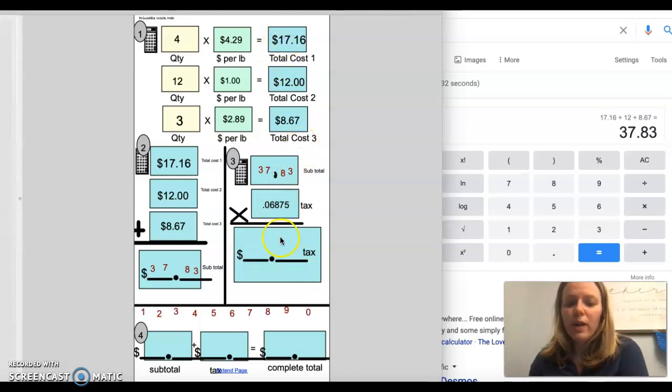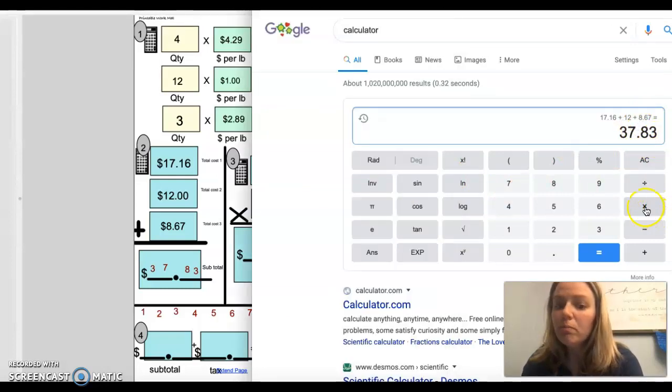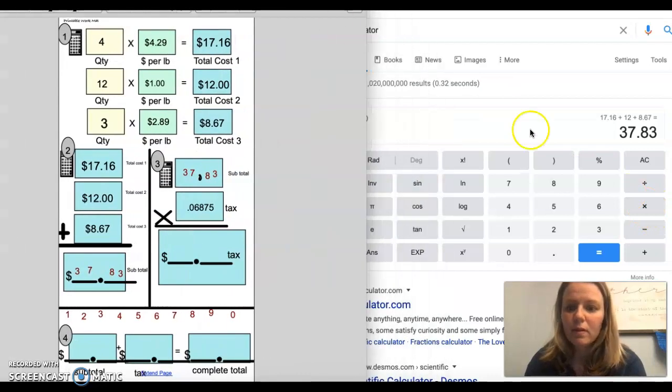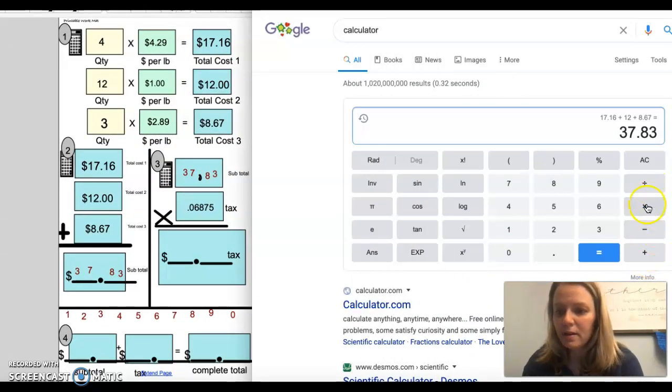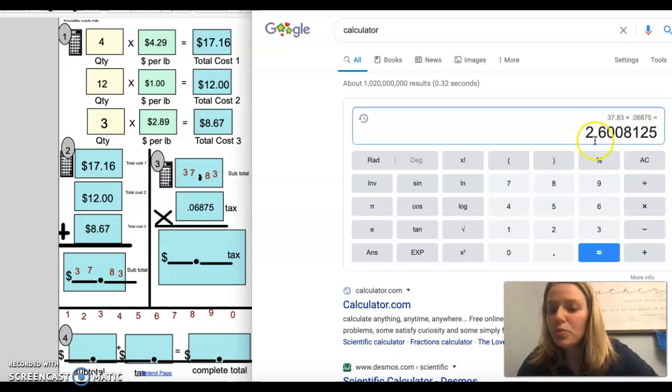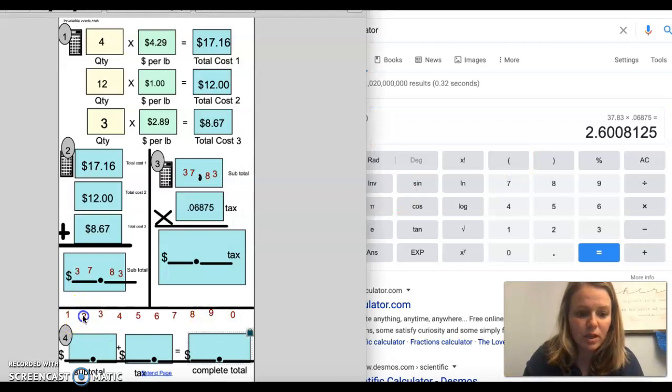Okay, so now we're going to take that $37.83 and we are going to multiply it by our tax, which is 0.06875. And that equals $2.60. Remember, we just look at the two digits to the right of our decimal place. So $2.60 is the amount of tax for this purchase.